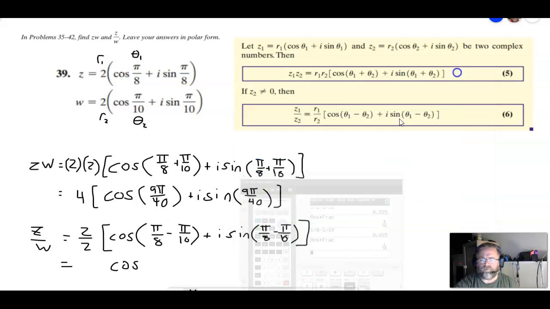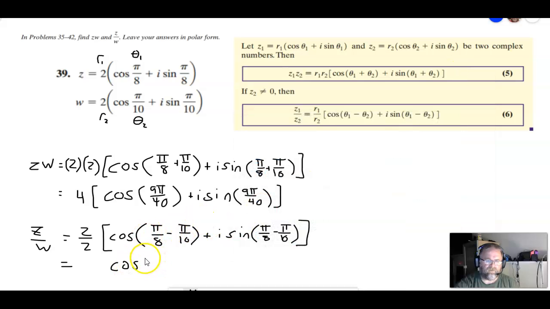That's 1 over 40, so this is going to be pi over 40. Let me just double check on that. Yes, plus I sine of pi over 40. And that's your final answer. And this is what we're pretty much going to be doing with all of these types.